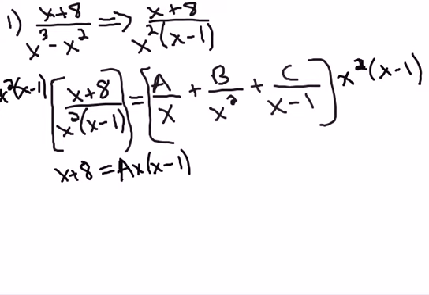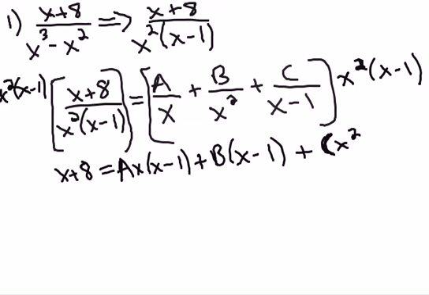So I'm going to write plus b times x minus 1. And finally, the c part of the partial decomposition has an x minus 1 in its denominator, so those cancel. I'm left with x squared as the term I'm going to multiply by c. So I have plus c times x squared.